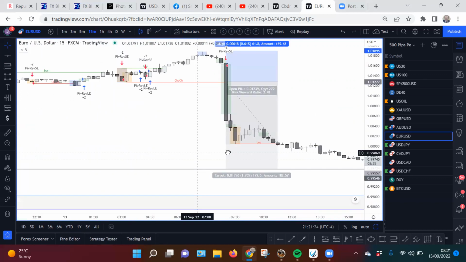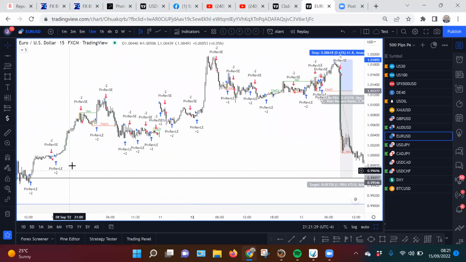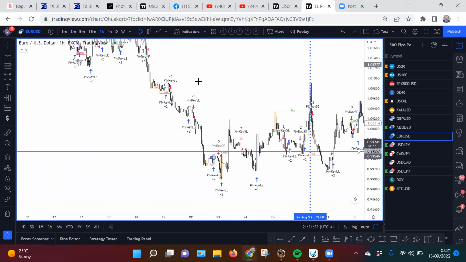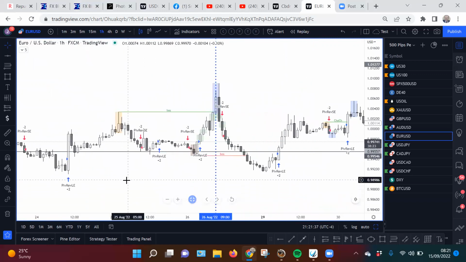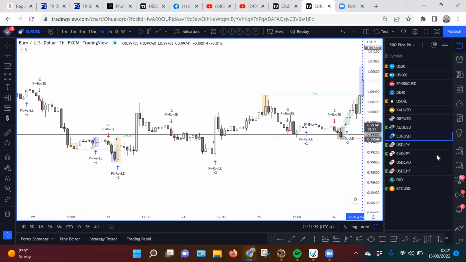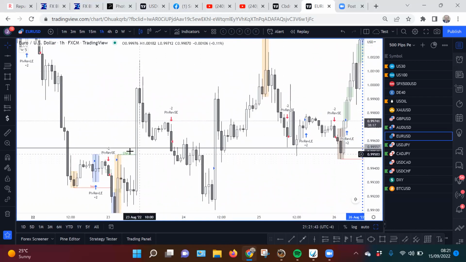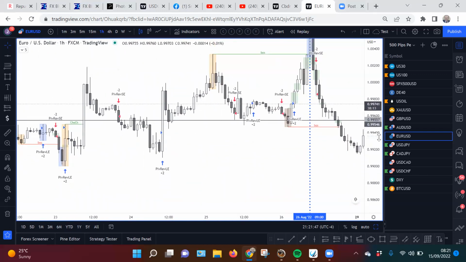So let's look left, because again there was no break of structure on the hour at that point. What is that? Let me just check. It's difficult, but again I'm going to be honest. This one here.